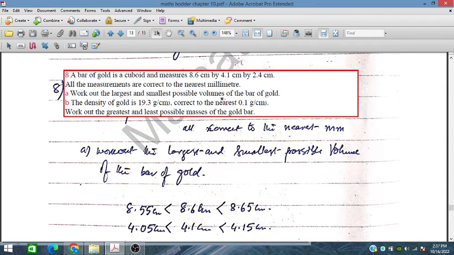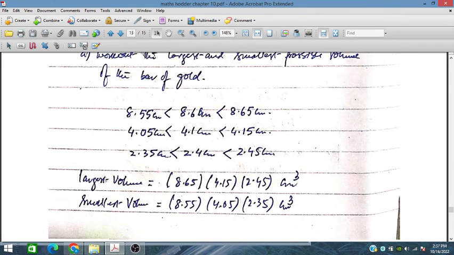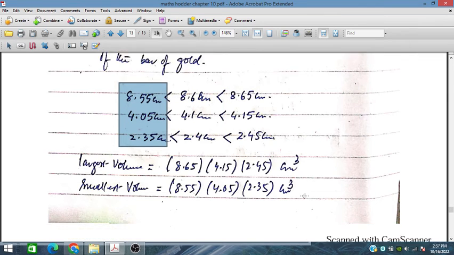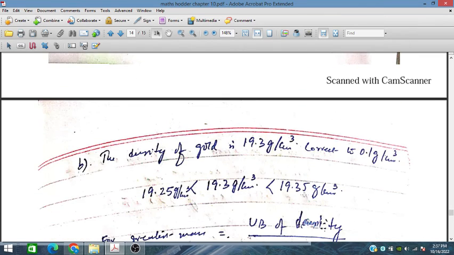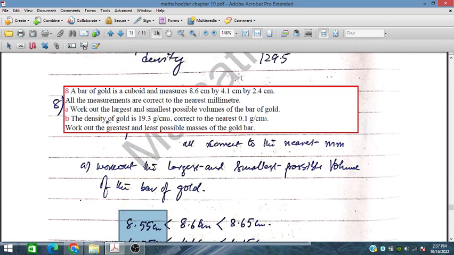So 8.6 is written like this, and similarly 4.1 and 2.4. This is the largest volume and this is the lowest possible volume, so the upper and lower bounds have been calculated in terms of volume.